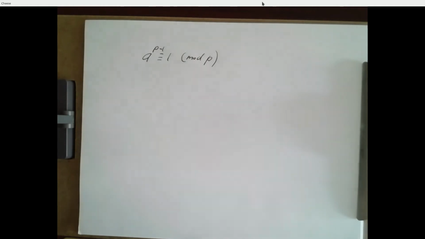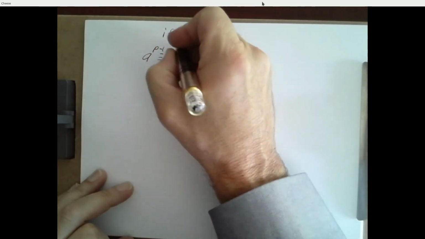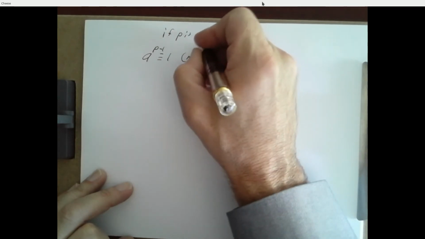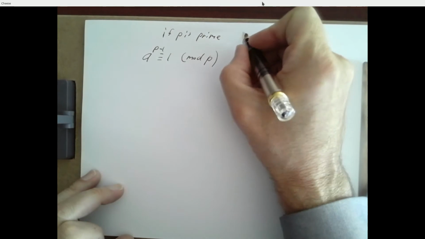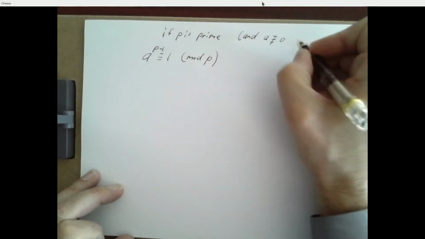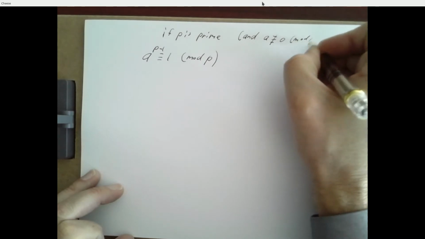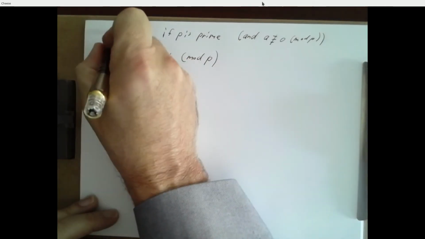And it basically says if p is prime, and if a is not congruent to 0 mod p, then a to the p minus 1 is one more than a multiple of p. And it's just a fact that's always true if p is prime. So this is Fermat's little theorem.